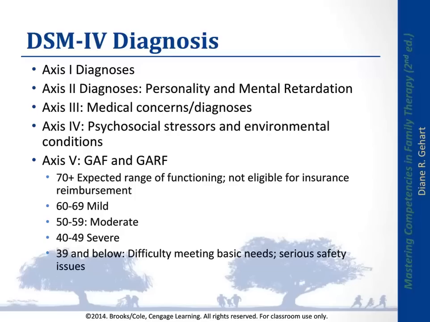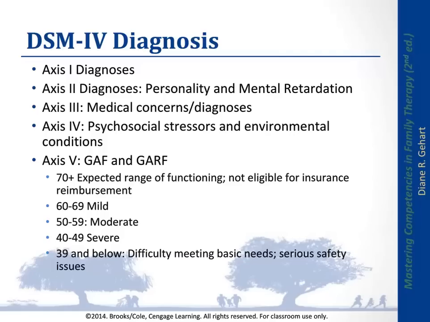And so this no longer exists anymore. It would just be listed along with all the other diagnoses. Axis 3 were any medical concerns and/or diagnoses. And here, if you had access to it in your medical environment, you'd be using ICD-9 codes. And then axis 4, you wrote out what the psychosocial stressors and/or environmental conditions or concerns were.